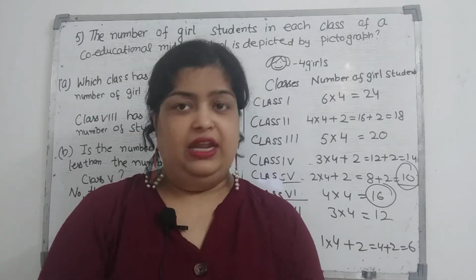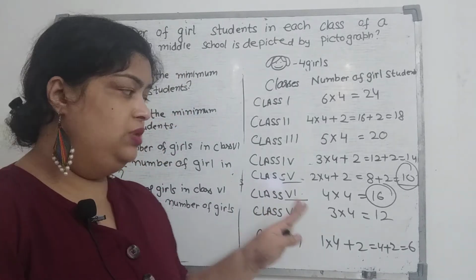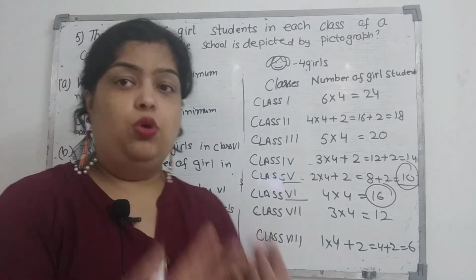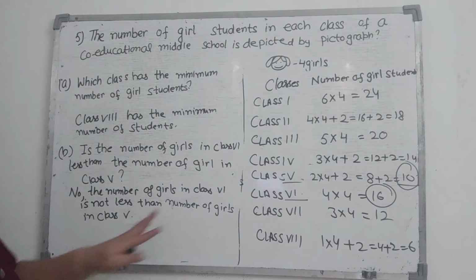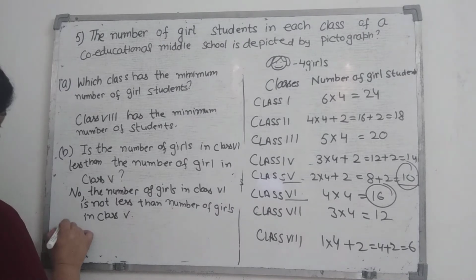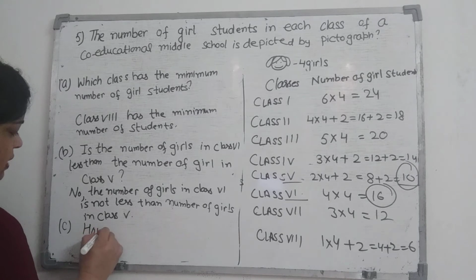It is very clear to you that class 6 has more students than class 5. So we'll write no, the number of girls in class 6 is not less than the number of girls in class 5.